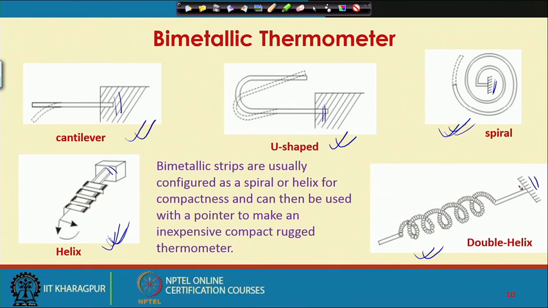So, the deflection of the other end will cause a movement of the pointer against the scale and we can measure the temperature. So, bimetallic strips are usually configured as a spiral or helix for compactness and can then be used with a pointer to make an inexpensive, compact, rugged thermometer.